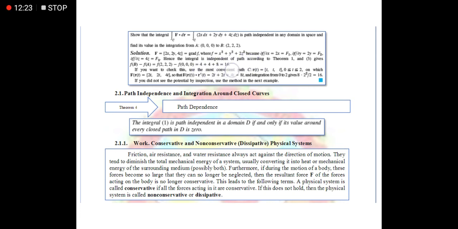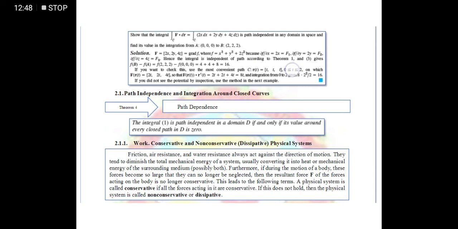Yung kaninang sinabi ko na partial of f with respect to x is equal to 2x. As you can see here, kung i-derive mo itong x squared na to kasi yan man yung f natin, with respect to x, so magiging 2x lang, tapos 0 lahat ito. Tapos partial of f with respect to y is 2y, kasi kung i-derive natin itong small letter f natin with respect to y, 0 itong x squared, 0 itong 2z squared, so mangyayari is 2y lang yung result.